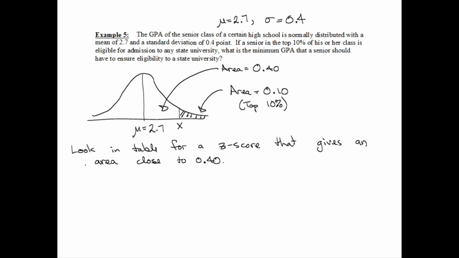Okay, and we've got two possibilities. If we have an area of 0.3997, this gives us a z-score of 1.28. This is from our table.